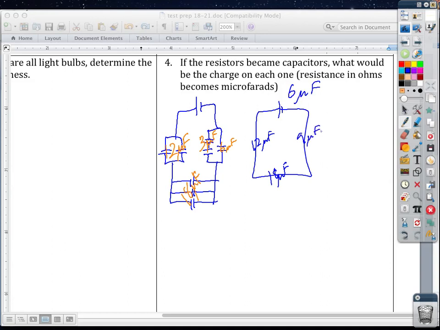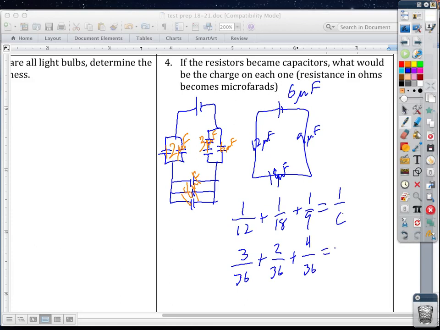And now I have to do the ugly thing. 1 over 12 plus 1 over 18 plus 1 over 9 is equal to 1 over C. And then I do 3 over 36 plus 2 over 36 plus 4 over 36 equals 1 over C. So C is equal to 36 over 9 microfarads, or 4 microfarads.